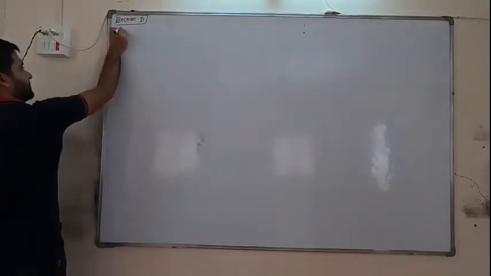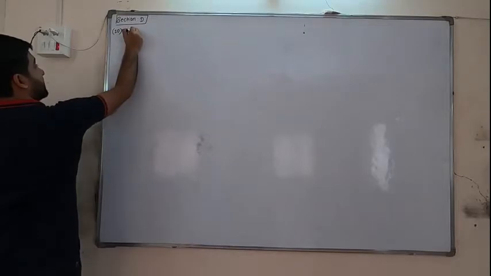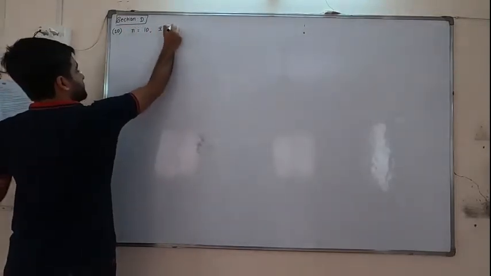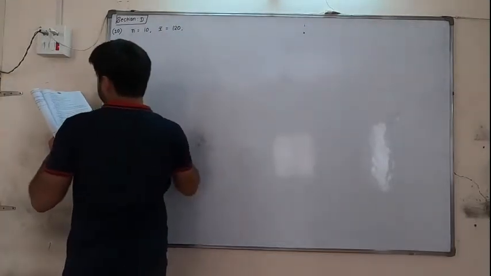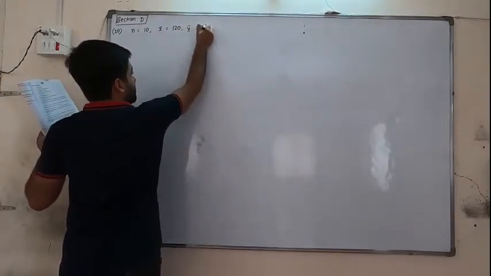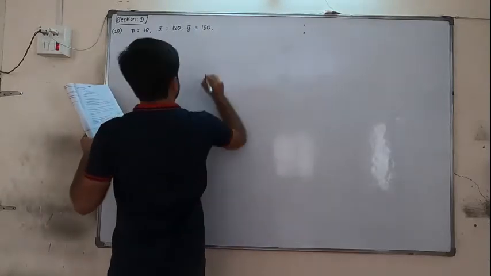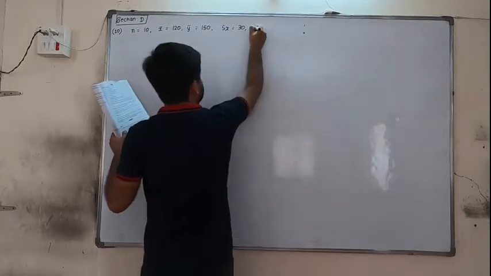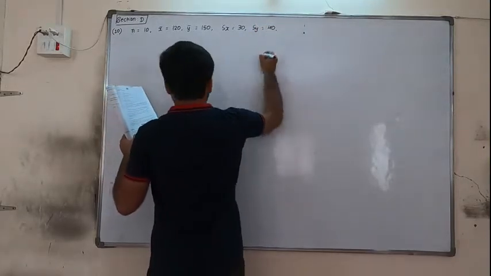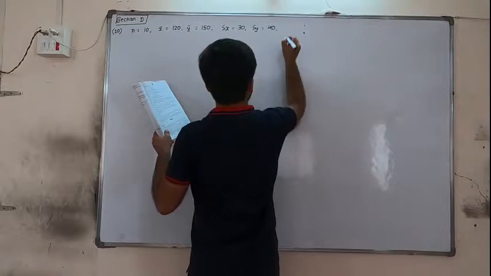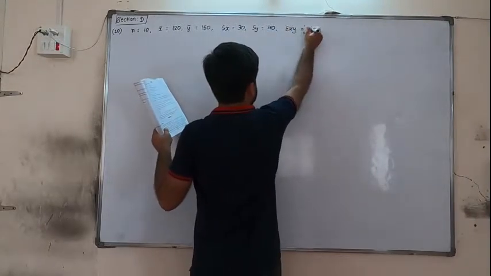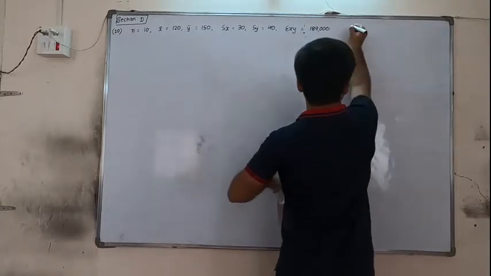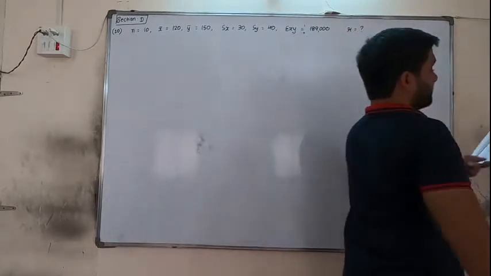So we are in section D and in sum number 10. We are writing the data. n is equal to 10, x bar is equal to 120, y bar is equal to 150, sx is equal to 30, sy is equal to 40, sigma xy is equal to 1,89,000, and the correlation coefficient r is to be found.